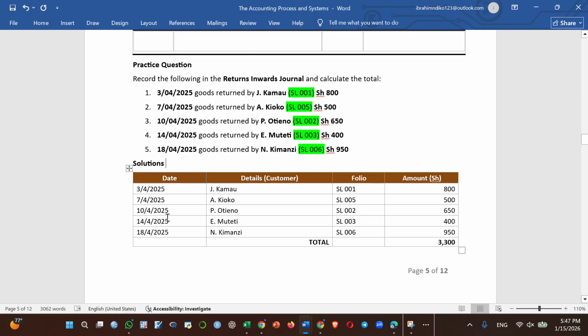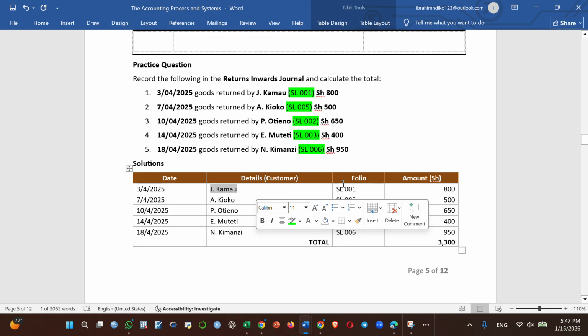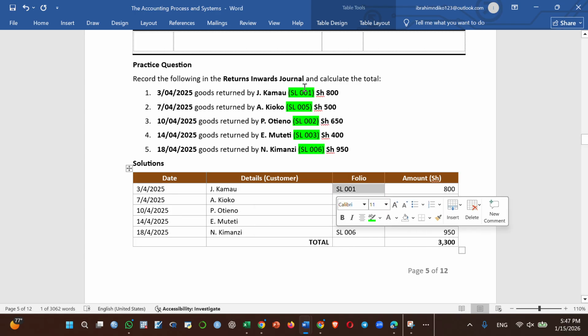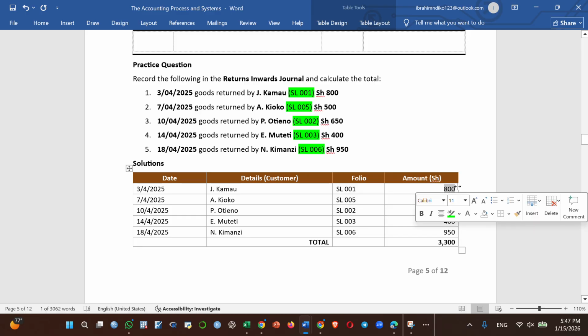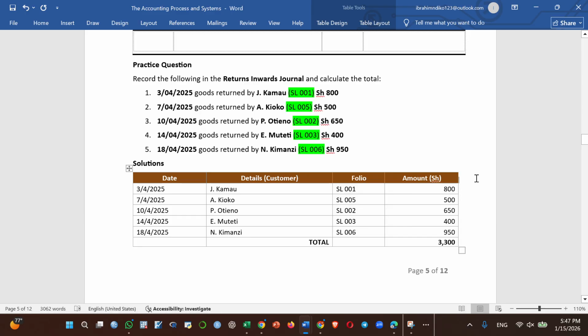The format is the same, as you can see. So the first date, goods returned by J. Kamau. On that the date is correct. J. Kamau is correct. And then folio number is SL001, that is correct. Then the amount returned was 800. That one is correct. Then on 7th of April, goods returned by A. Kyoko.